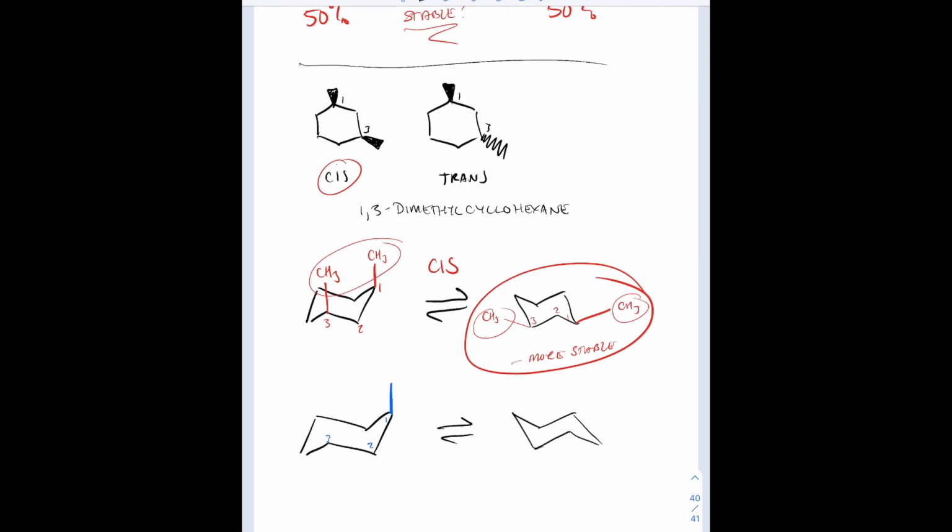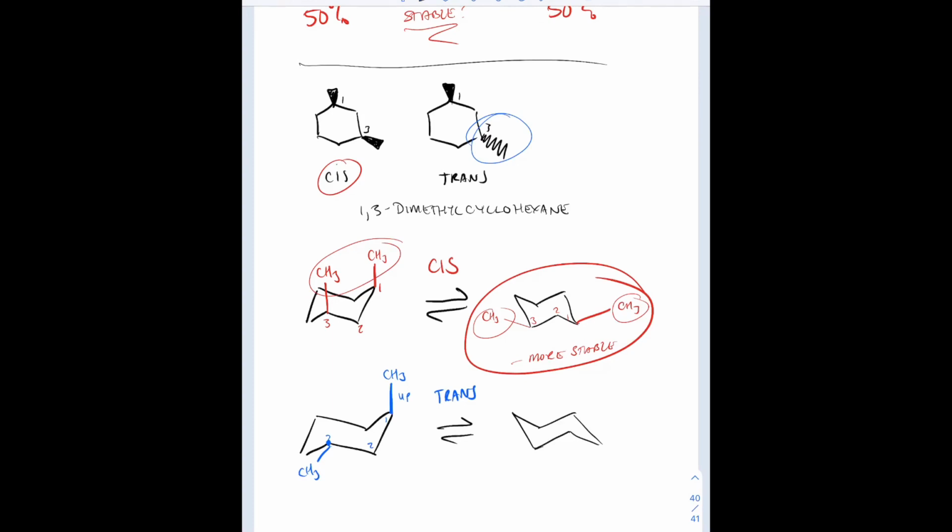I want to put the 1 methyl in the axial position, and then the other methyl on the trans isomer, which is what we're doing, has to be opposite. So if this is up, then the other methyl needs to be down. And so since this is an up C, the down position is actually equatorial. Okay, so that is just going to be sticking out like that.